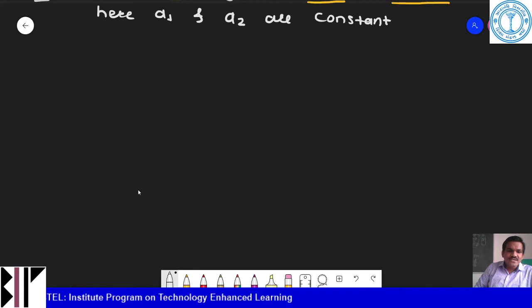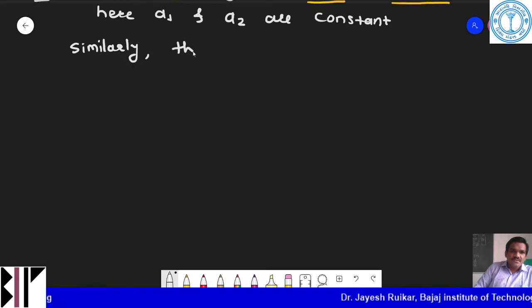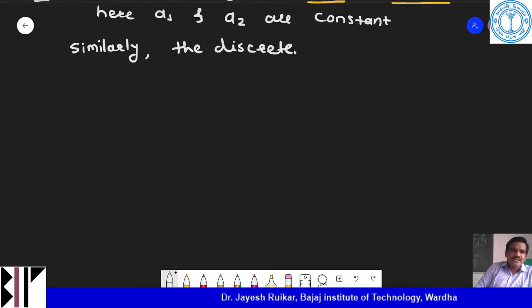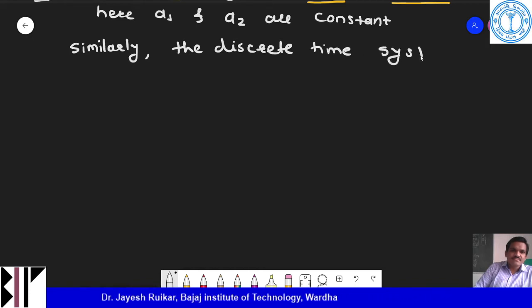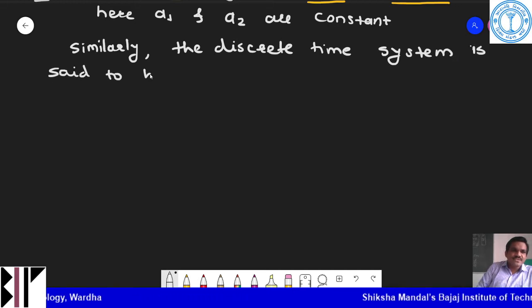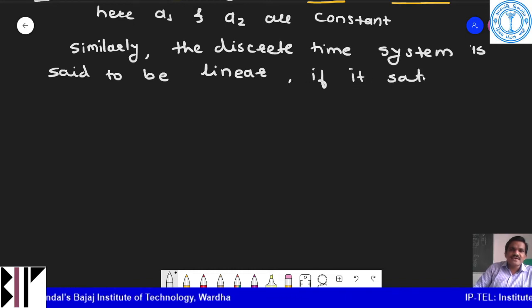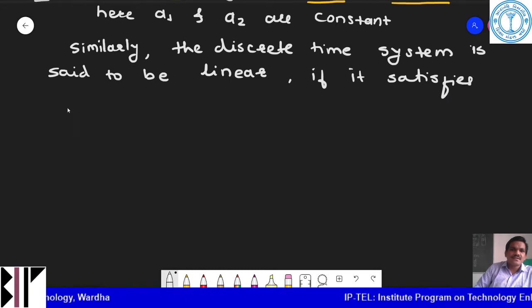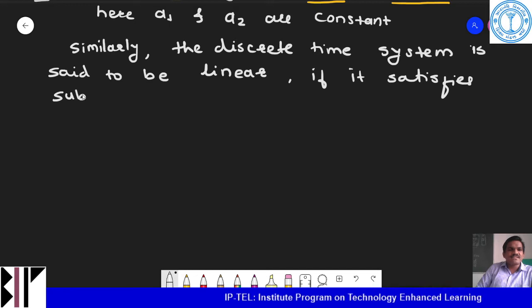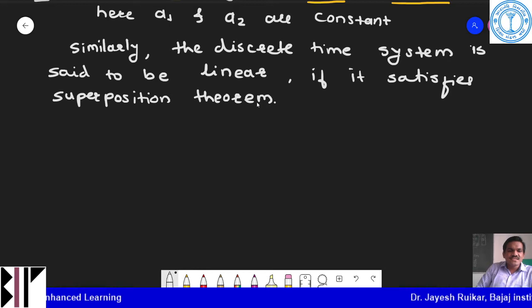Similarly, you can write, the discrete time system is said to be linear if it satisfies the superposition theorem.